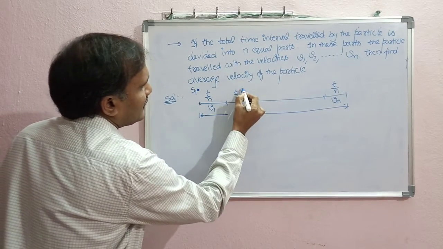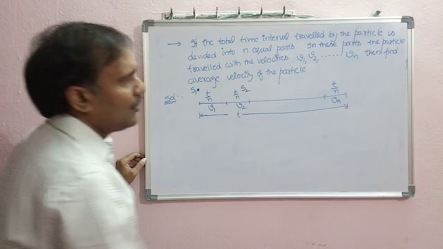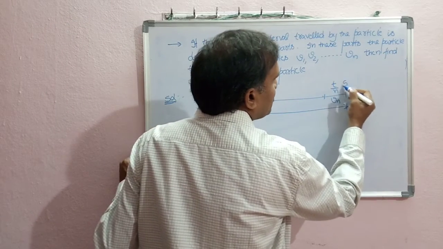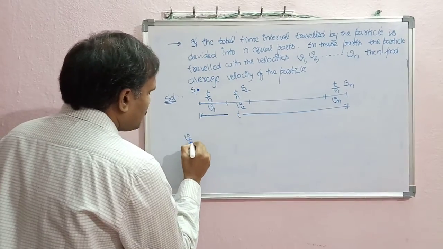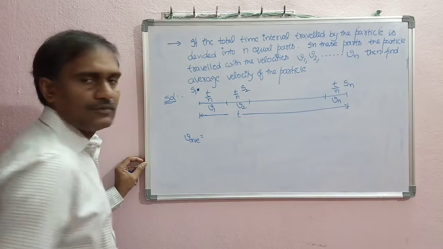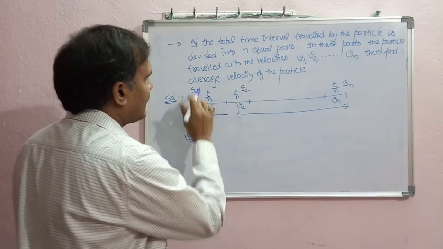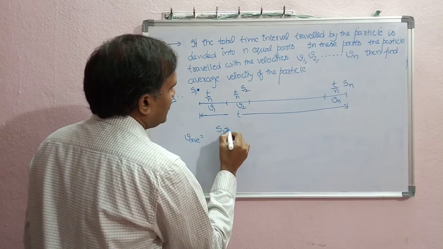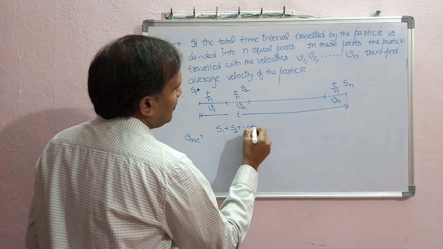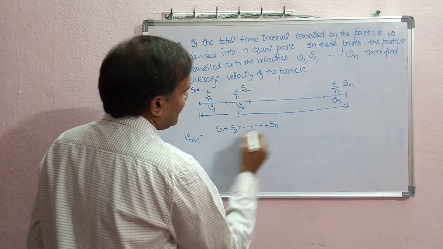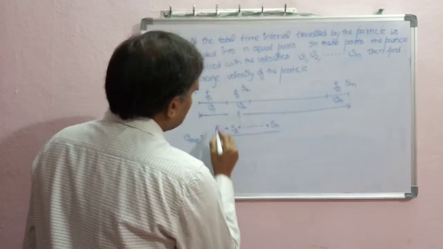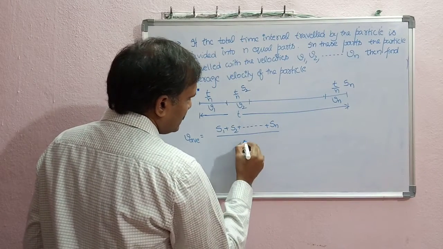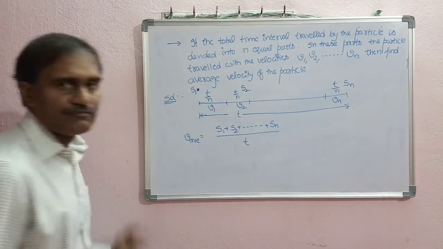For the next interval, displacement is S2. For the last, displacement is Sn. Now, average velocity is equal to displacement traveled by the particle, S1 plus S2 plus so on up to Sn, divided by the total time interval t seconds.